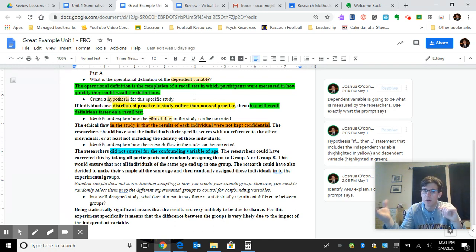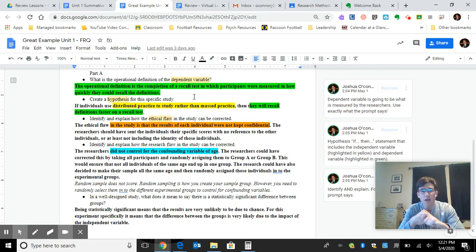The dependent variable is what we're going to finish the research study with, and it's what everyone is going to do to measure it. All right, so the dependent variable is going to be what happens last in the actual experiment, and it's how you're going to measure the change in your research participants.